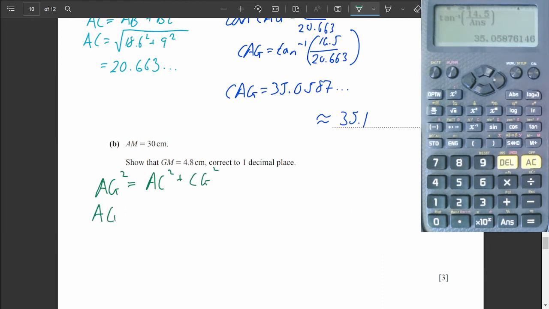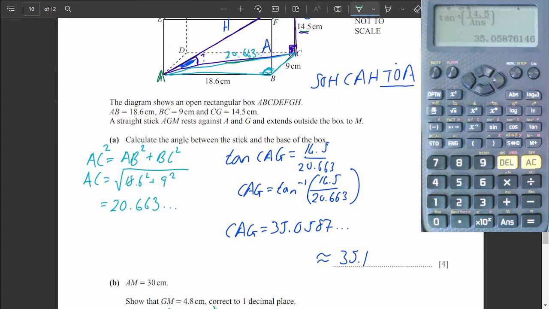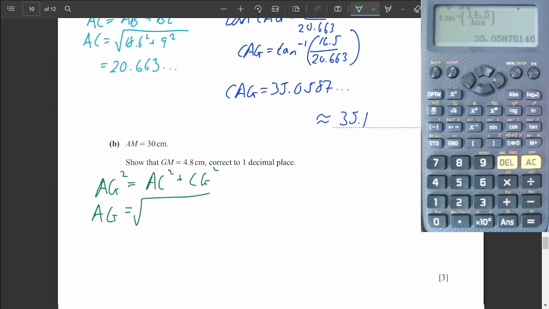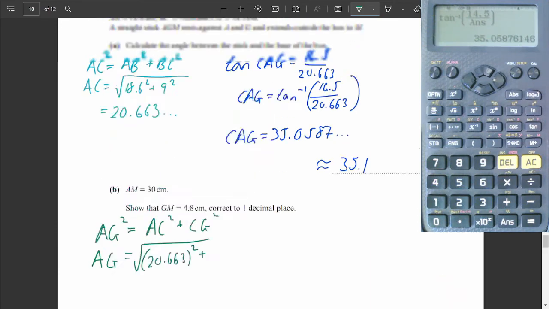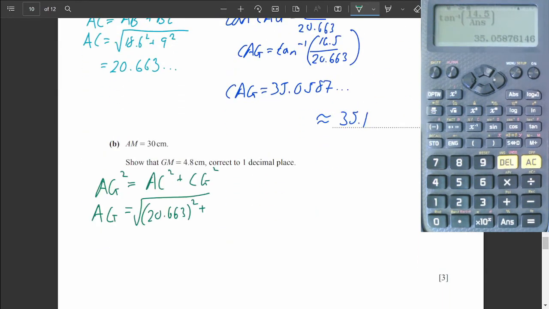Okay, so that means AG would be the square root of AC, being 20.663. Remember, we had that one before. And CG being 14.5. Right, so let's put that into a calculator.